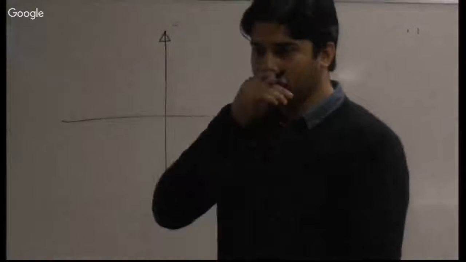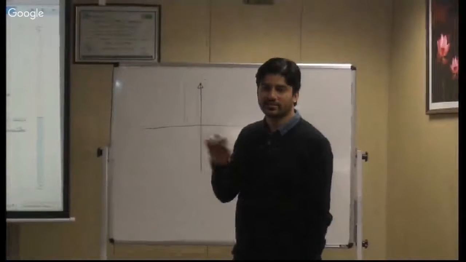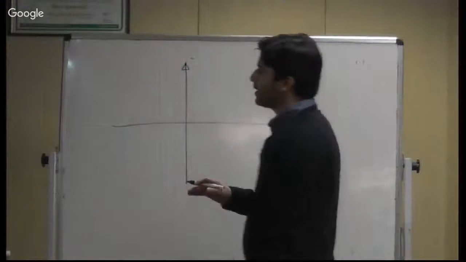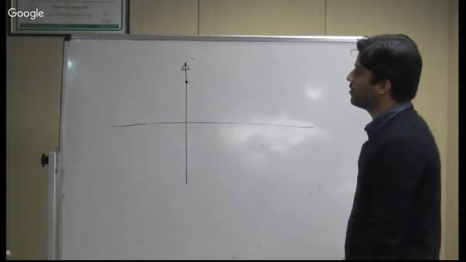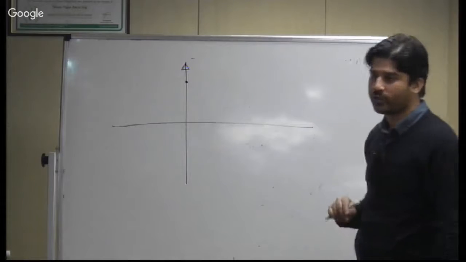Okay. So first, I'm going to draw the 4 minus 3x graph. At x is equal to 0, it will be y is equal to 4, somewhere here. Sorry, I'm just drawing the 4 minus 3x graph.